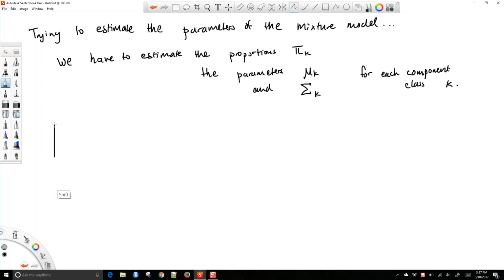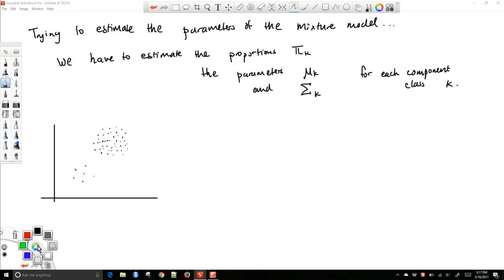Now, if we have data like this, maybe visually, what we would do as people, we would say, oh, you know what, I'm going to identify these two components.